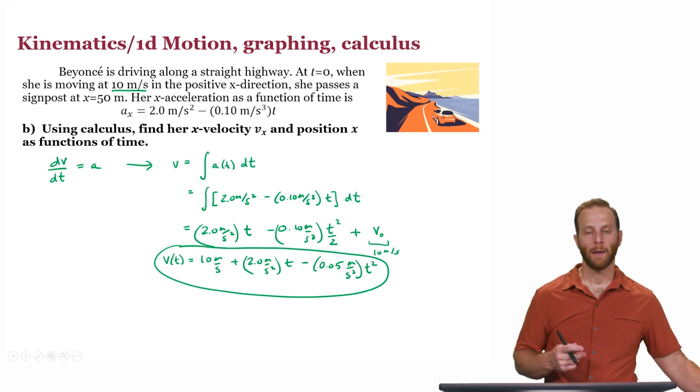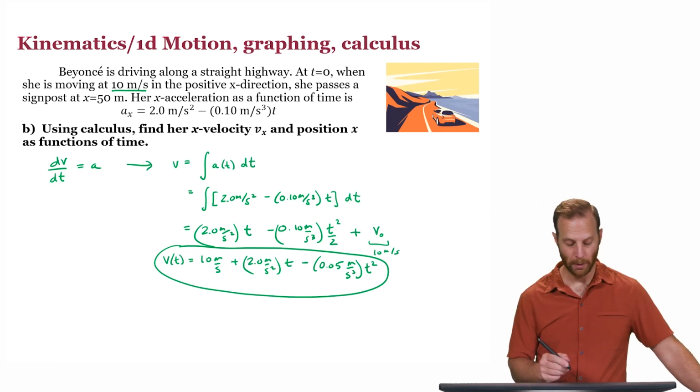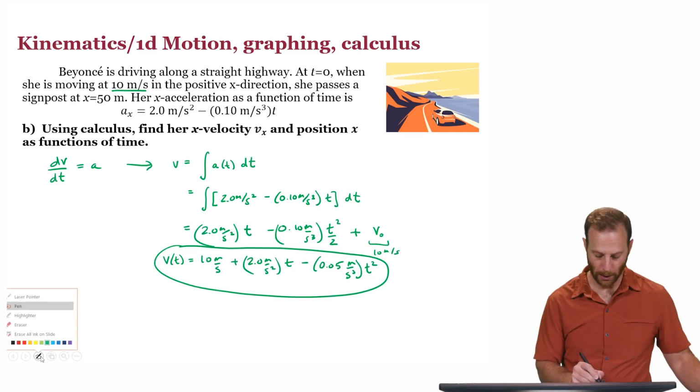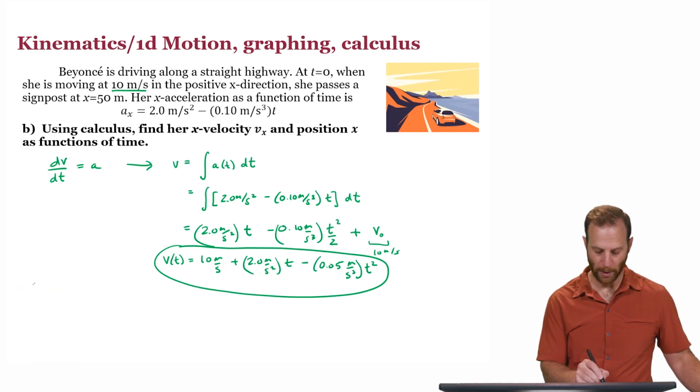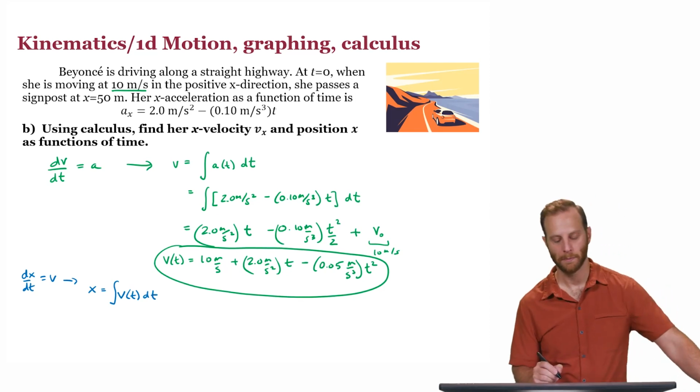Can we get the position as a function of time? That can be done. It's the similar idea, realizing that the derivative of position with respect to time is what gave us velocity. And the idea is, therefore, we can determine the position as a function of time if we integrate the velocity, which is a function of time, dt.